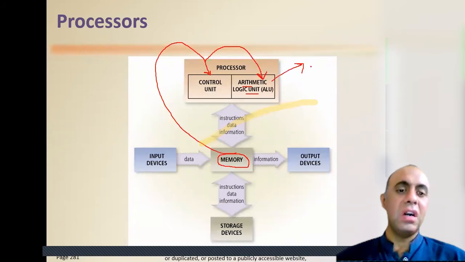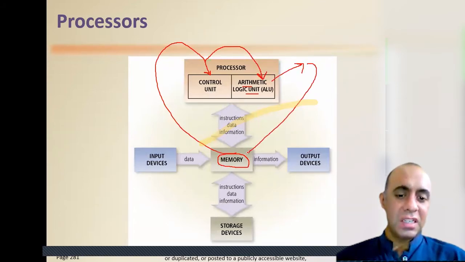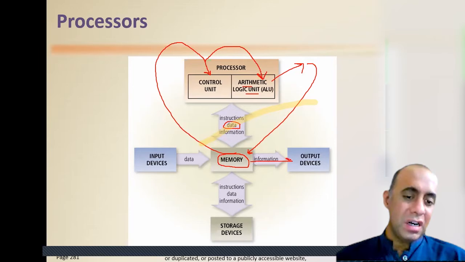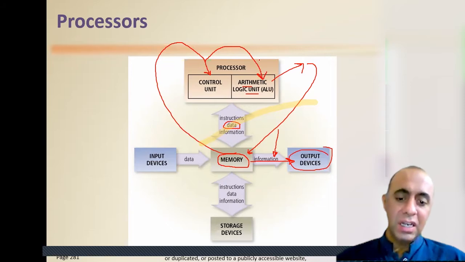Those decisions are obviously sent back inside the memory to be stored as data, so that the user is able to see it, and the user calls it information, and that information is now visible on the output devices which are connected to this computer.